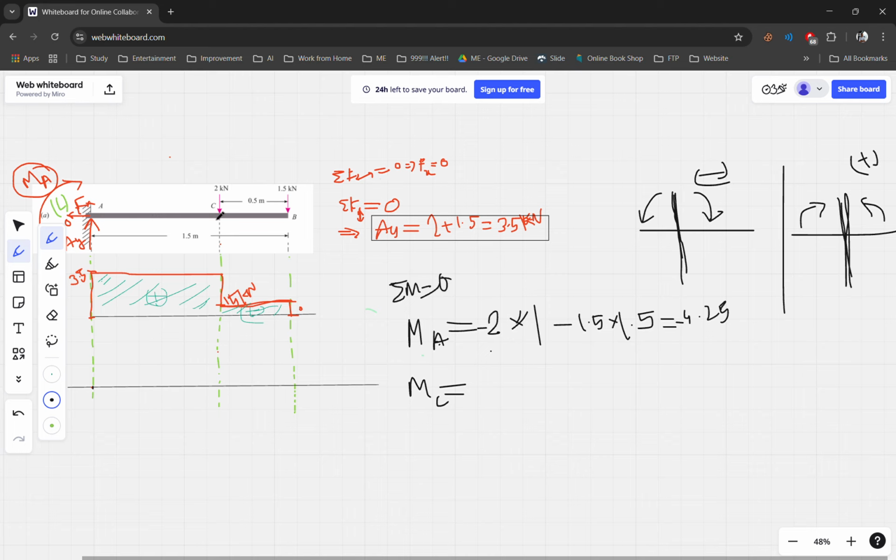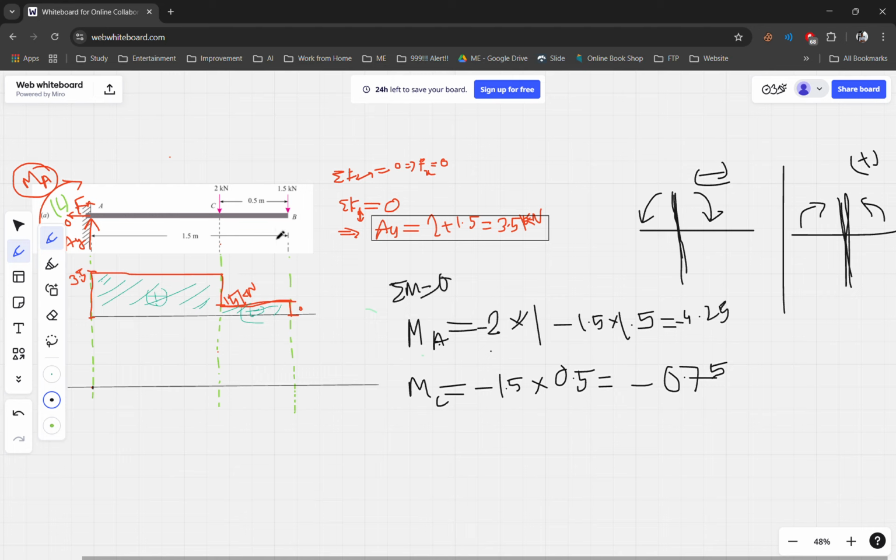So let's assume for M of C, the forces on the left side are going this way, downward, so it will be negative 1.5 multiplied by the distance 0.5. That will be 1.5 into 0.5, that is 0.75, with the negative in front.